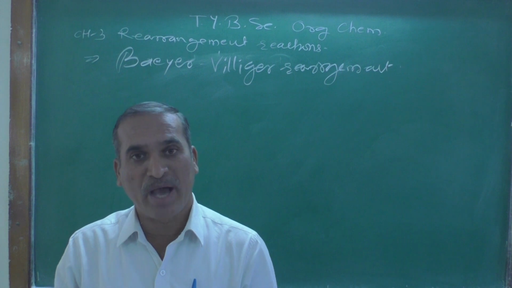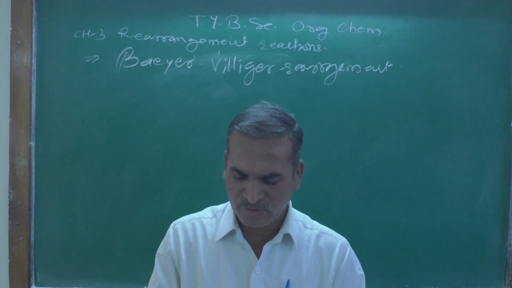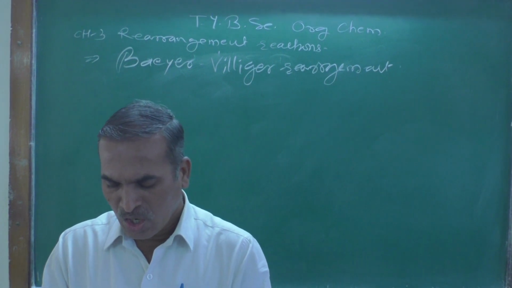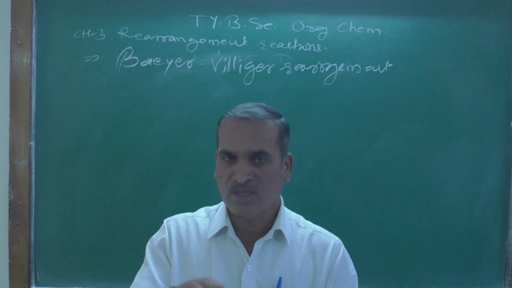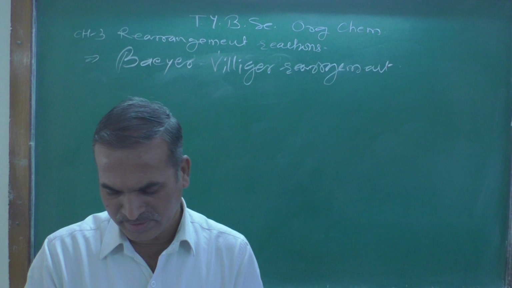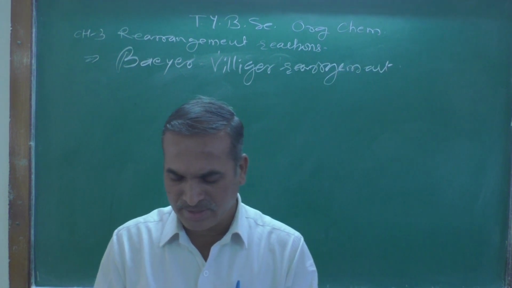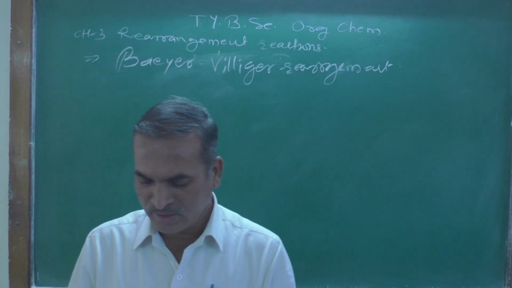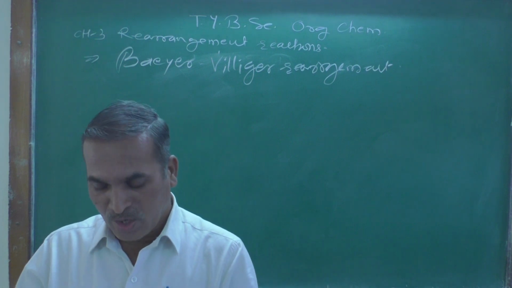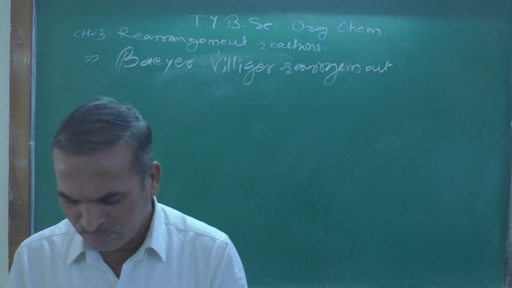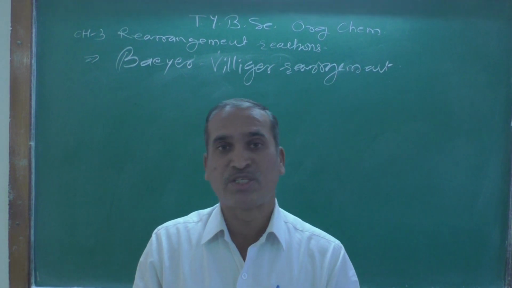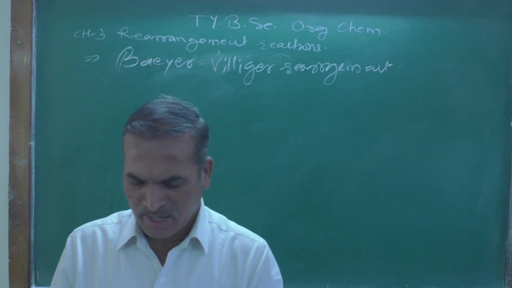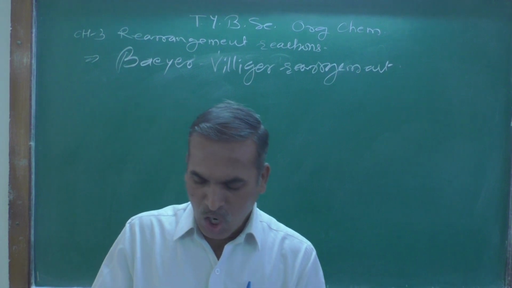It involves migration of a group from carbon to an electron-deficient oxygen, that is, an oxocation. The acid-catalyzed reaction of ketones with hydroperoxide derivatives is known as the Baeyer-Villiger reaction, also called oxidation.